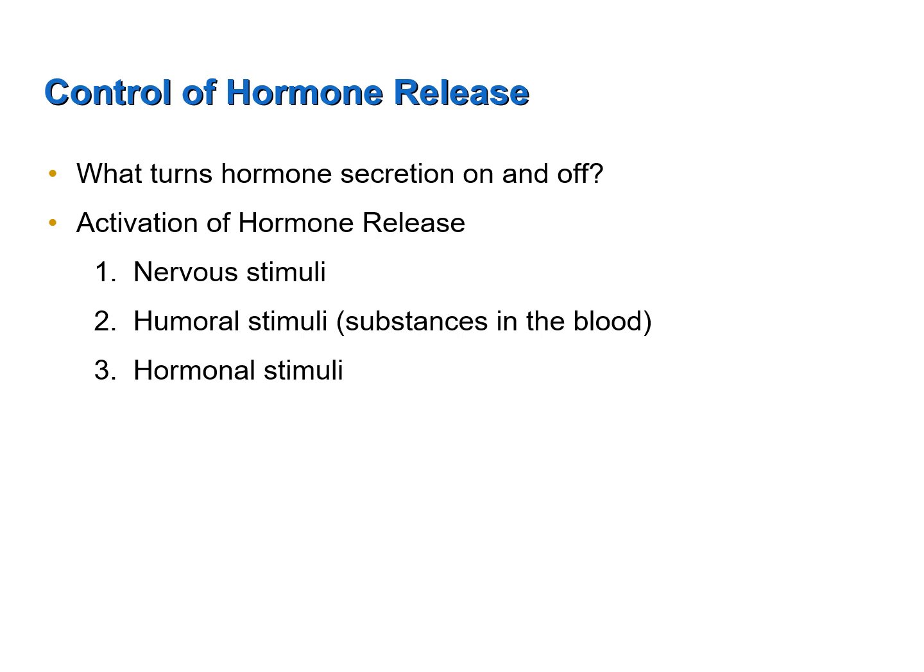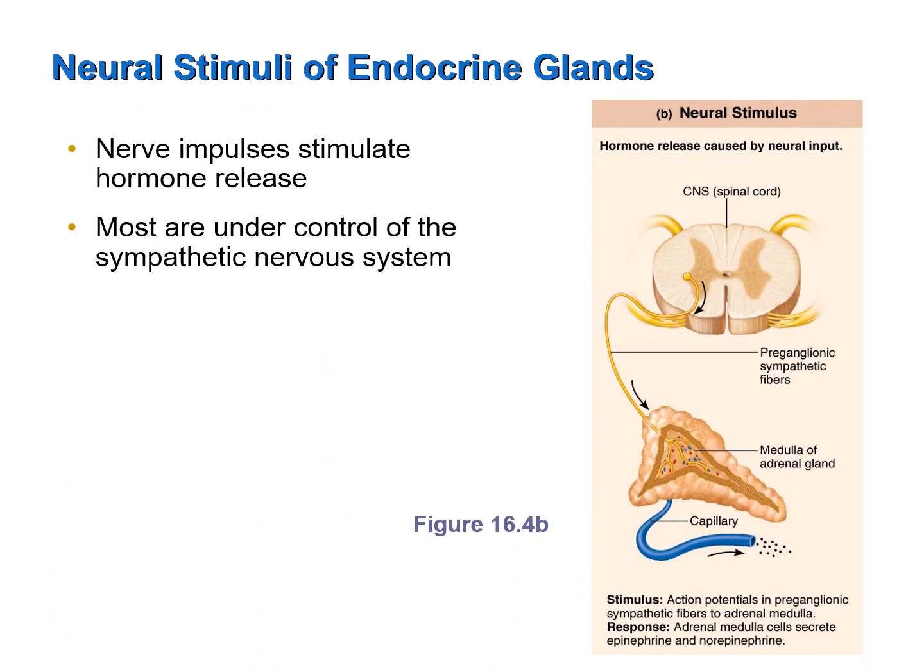Let's look at this a little closer. As we journey through the endocrine system, you're going to see several instances where the nervous system and the endocrine system are interconnected. And one of the areas where they're interconnected is where the sympathetic nervous system stimulates secretion by the adrenal medulla.